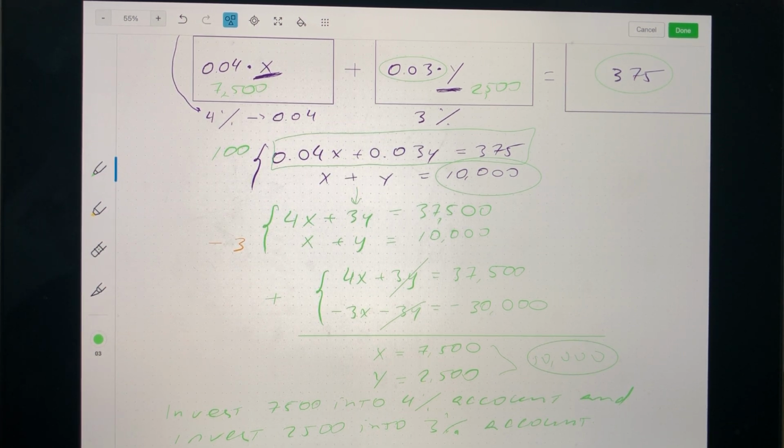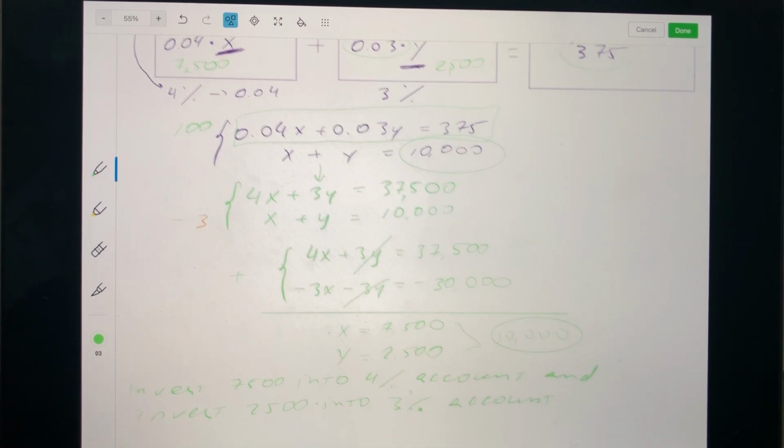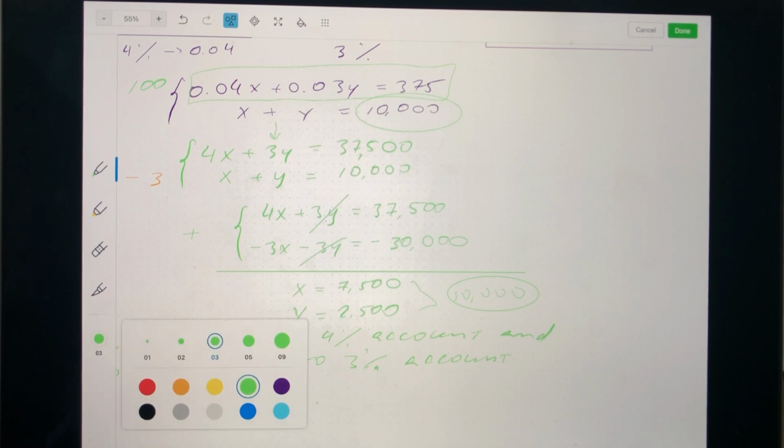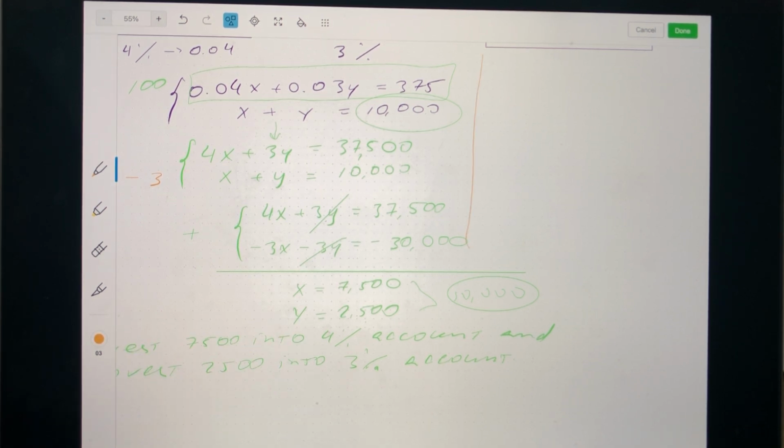So substituting those answers in, let's do it here on the side. Here is 0.04 times what we think the answer is, which is 7,500, plus 0.03 times 2,500. Does that come out to be equal to 375, which is our interest?